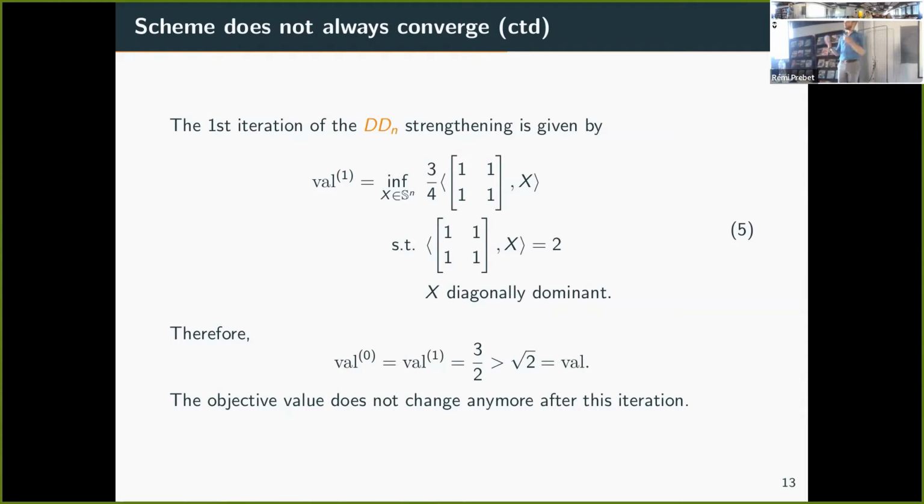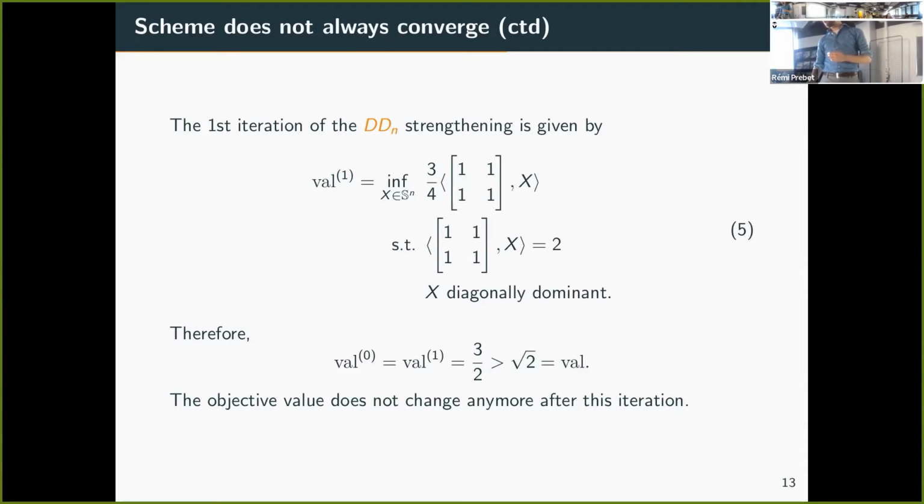But numerically, I can assure you it doesn't always converge. As soon as the matrices get big, like 100 by 100 or something, then it never converges in any instance that we had.